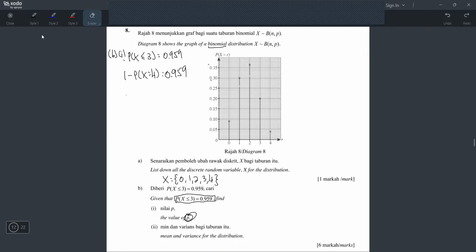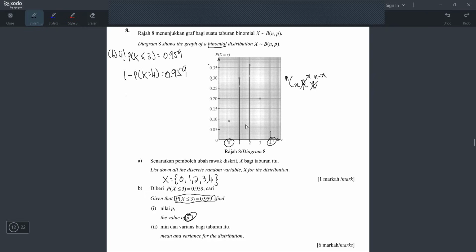Let me explain a bit. When we want to find the value of p, the probability of success, you have to use either P(X=0) or P(X=4). If you use the one in the middle, it's very hard because the formula for binomial distribution is nCx, p to the power x, q to the power n minus x. Because if you don't have p, you don't have q also, right?